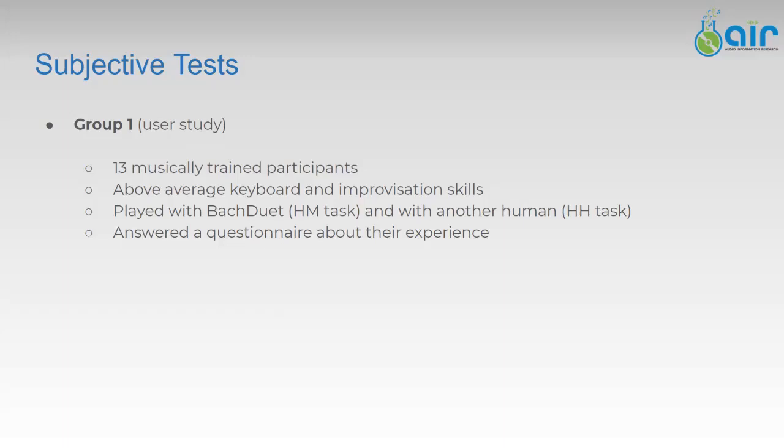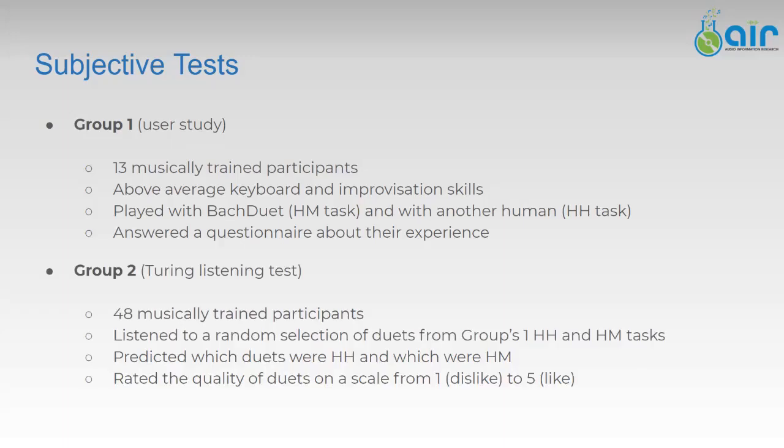After that, they had to answer a questionnaire about their whole experience. The second group consisted of 48 musically trained participants. They participated in a Turing listening test where they were asked to listen to a random selection of duets generated from the participants of the first group. They had to rate the duets and determine which of them were generated by two humans or a human interacting with BachDuet.